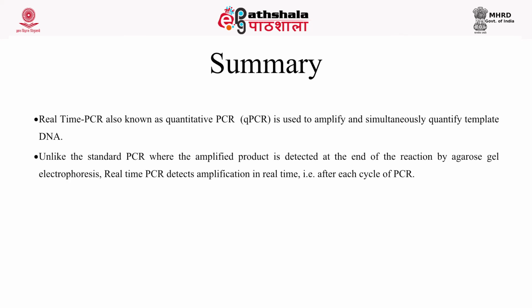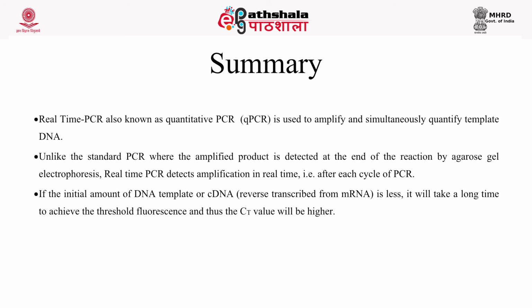Unlike the conventional PCR, where detection occurs after all the 30 or 35 cycles are complete, in real-time PCR, detection occurs in real time, that is after each cycle of amplification.